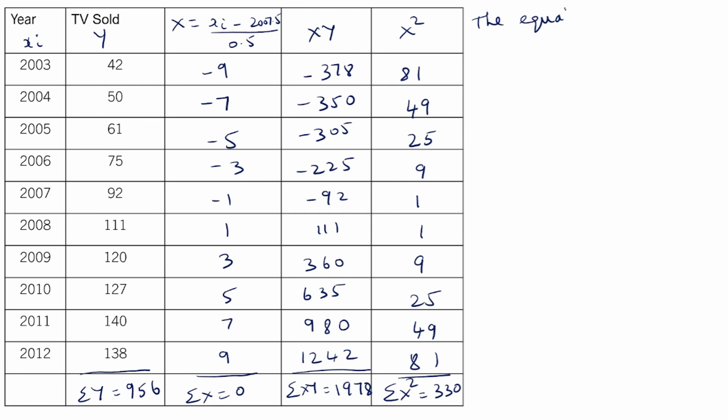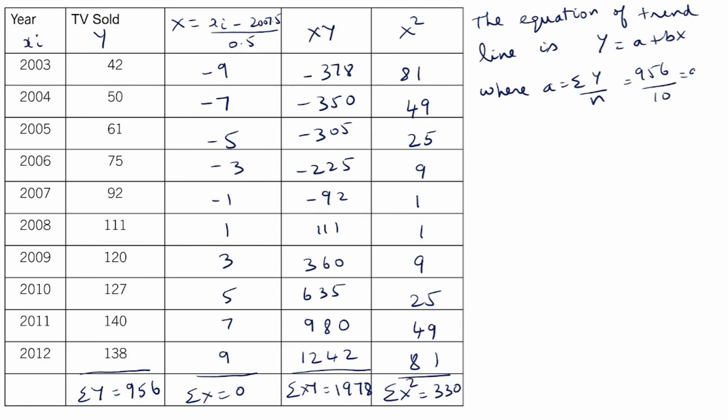The equation of trend line is y is equal to a plus bx, where a equals summation y by n. So it is 956 by 10, which is 95.6, and b is summation xy upon summation x square. So it is 1978 upon 330.